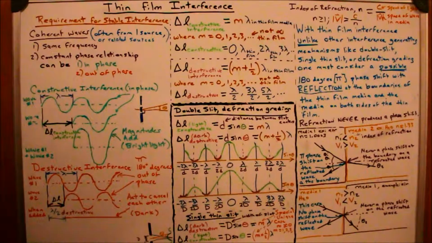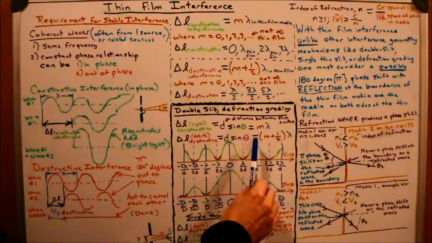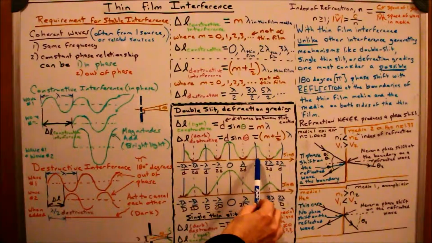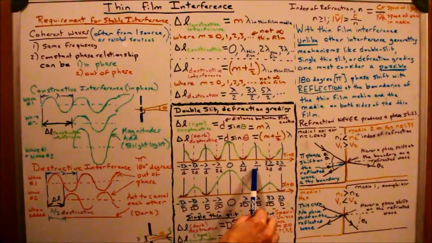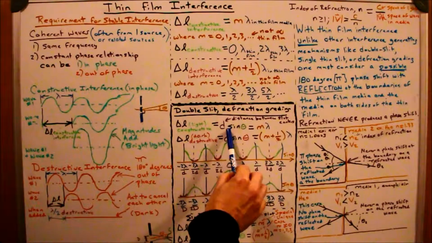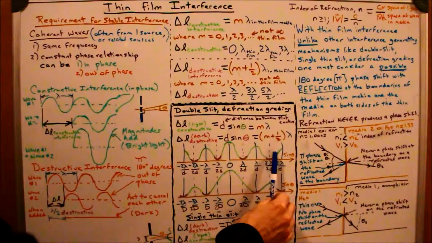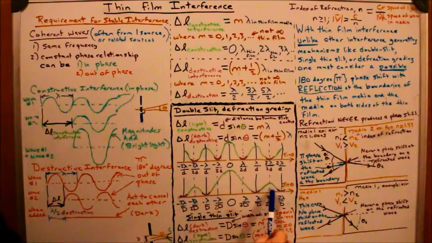So where d sine of theta equals 1 wavelength and d sine theta equals 2 wavelengths, those are now destructive, whereas for diffraction grating or double slit, the integer number of wavelengths in lowercase d, which is the distance between slits, those were constructive. Here they're destructive. So there would be darkness there.